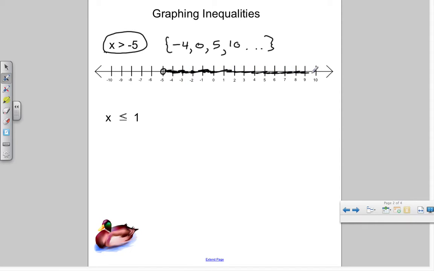And you'll find quicker ways to do it than I am right now, but a highlighter would be great, wouldn't it? Like this. Oh yeah, that's much better. Okay, but the key here is that you have an open circle on -5, because an open circle means that -5 is not included.